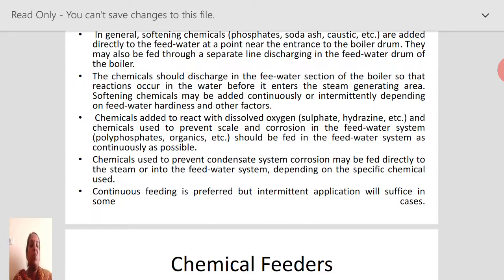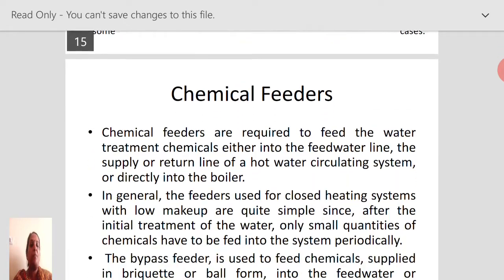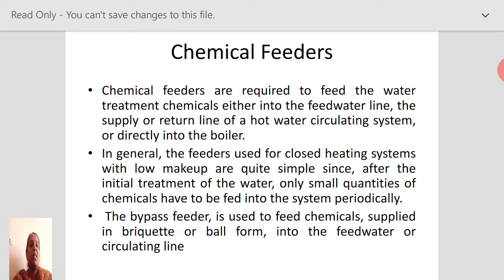Normally continuous feeding is preferred, but intermittent application will suffice in some cases. As we already said, this chemical feeding can be done either directly to the feed water line, or the supply line or the return line of the hot water circulating system, or directly into the boiler, depending upon the usage as well as the purpose and the needs of the operator.